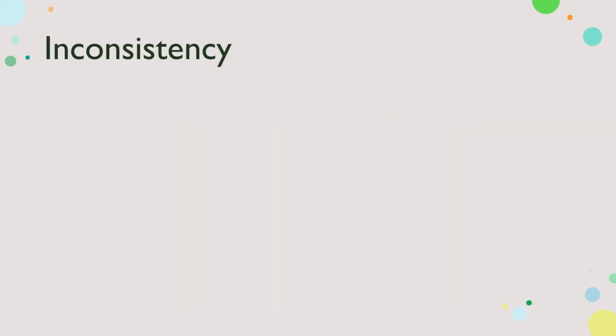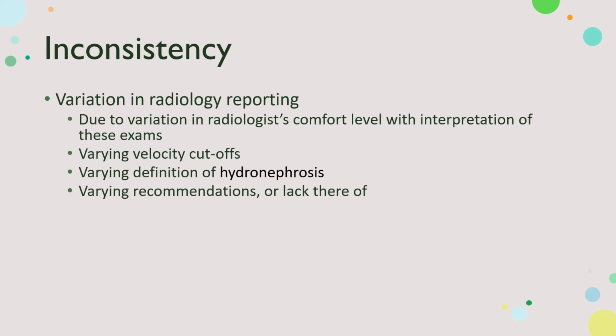So the biggest concern was inconsistency. On the side of the radiologists, it was variation in our reporting. There are a lot of variations in the radiologist comfort level with interpreting these exams, varying velocity cutoffs or acceleration or RI cutoffs that people are using, the varying definitions of hydronephrosis, and then varying recommendations or complete lack thereof.